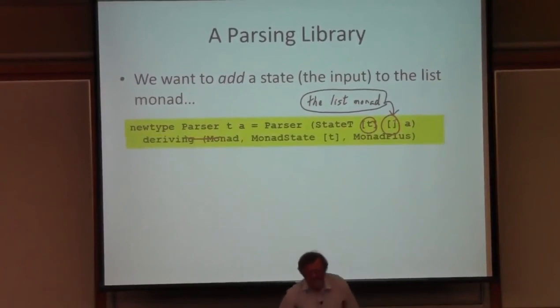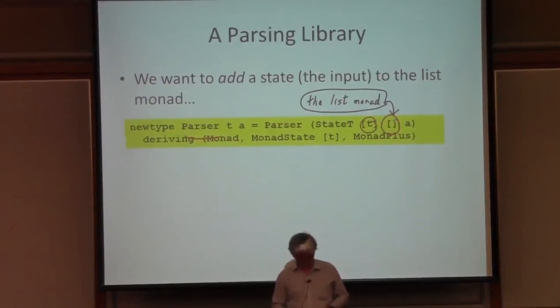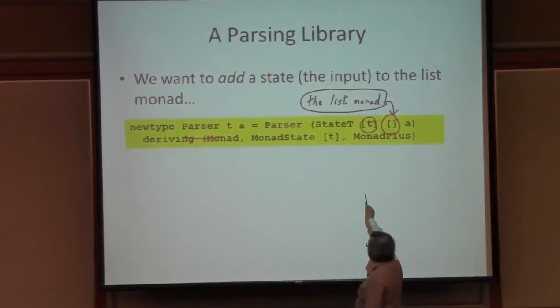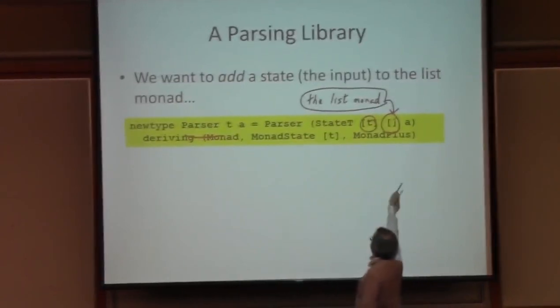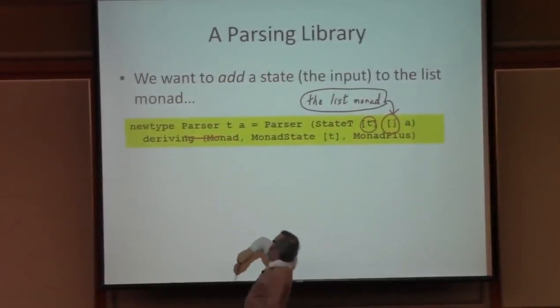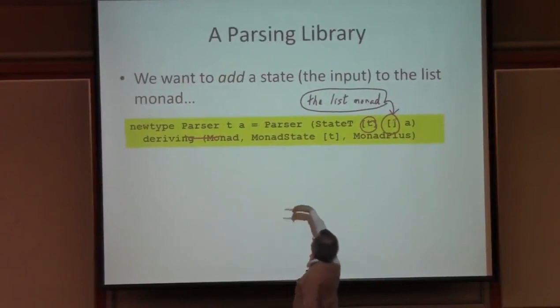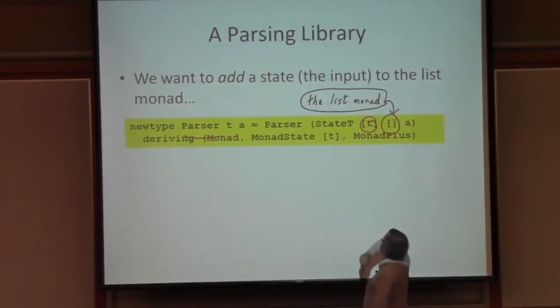So nowadays there is a language extension called newtype deriving, which lets me just say, essentially, I know that the representation type has instances of these classes, monad, monad state with a state of a list of t's, and monad plus.